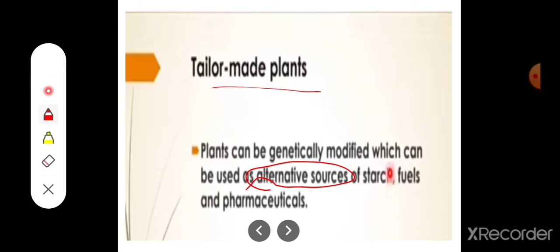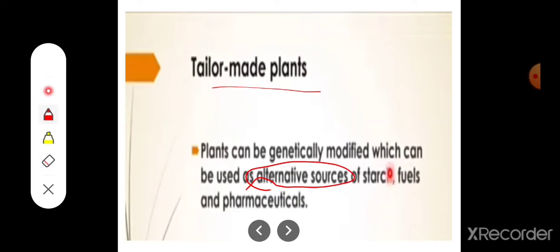So you know that industries are producing some products, they will be using some source, and if an industry requires a source, something like starch or fuels or anything, it can be produced from these genetically modified plants. Right, instead of the normal source they use, they can employ these genetically modified crops to produce the sources which they need.